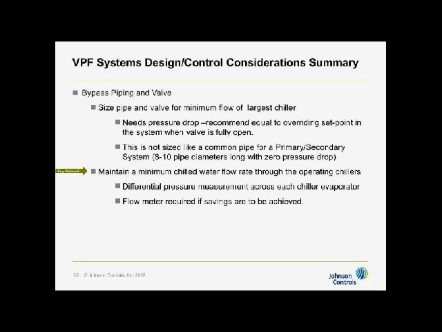What it does, as we said, is maintain minimum chilled water flow through operating chillers. It can be done one of two possible ways. Flow meter is preferred. I'm going to mention it first because it's much more accurate, and I can get closer to the minimum flow of the chiller than I can with a pressure sensor. The differential pressure sensor has the negative point.